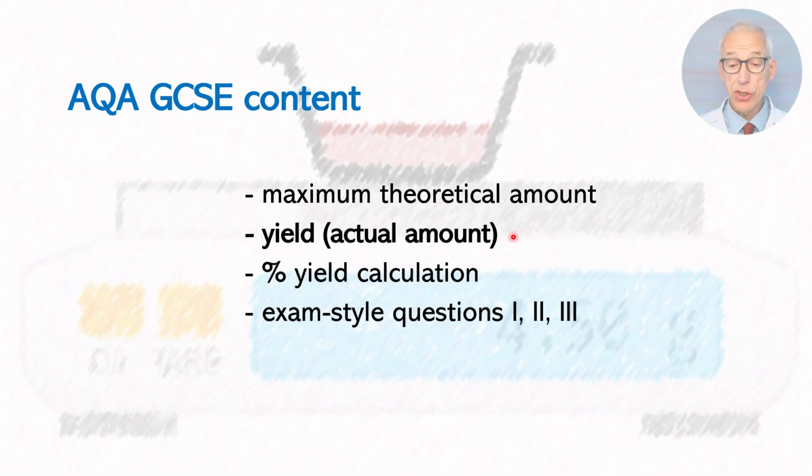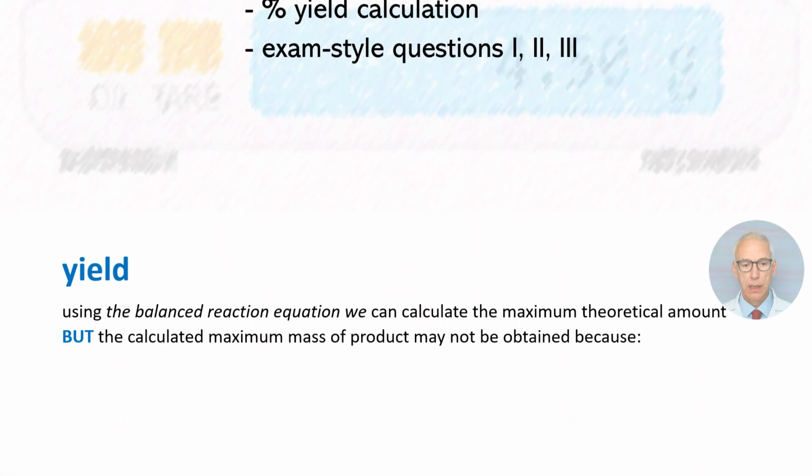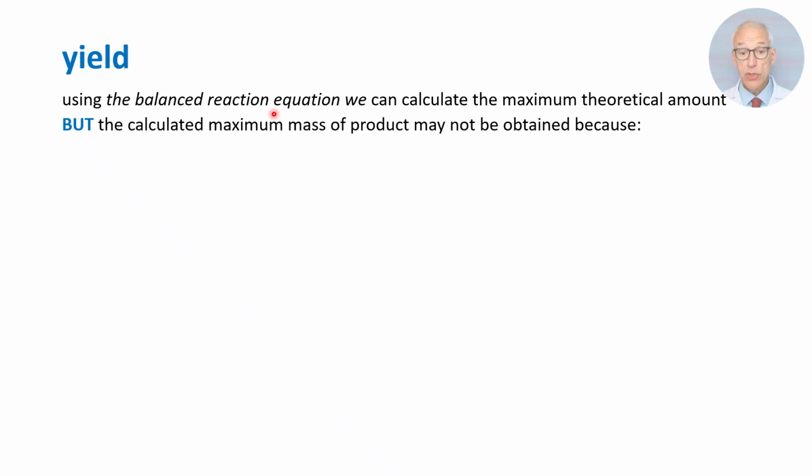So now just to clarify the meaning of yield or actual amount. Using the balanced reaction equation, we can calculate the maximum theoretical amount as we did on the previous slide. But the calculated maximum mass of product may not be obtained for a number of reasons.